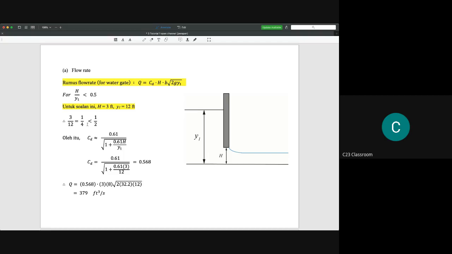We found that it is equal to 1/4, which is less than 1/2, meaning the discharge coefficient needs to be calculated using this equation. Please refer to the notes on the website. Then we substitute all the values here and find that the discharge coefficient is 0.568. Substituting into the equation, the flow rate at this sluice gate is 379 cubic feet per second.